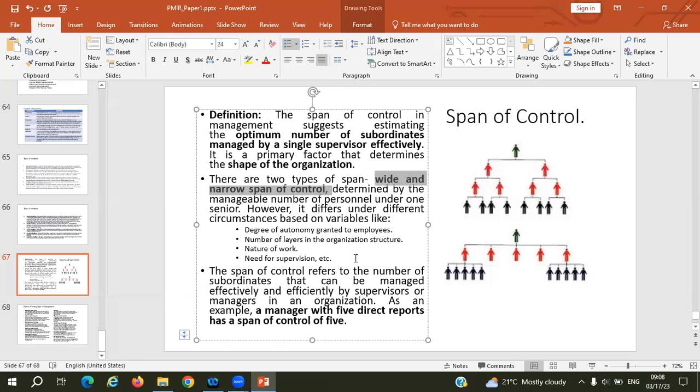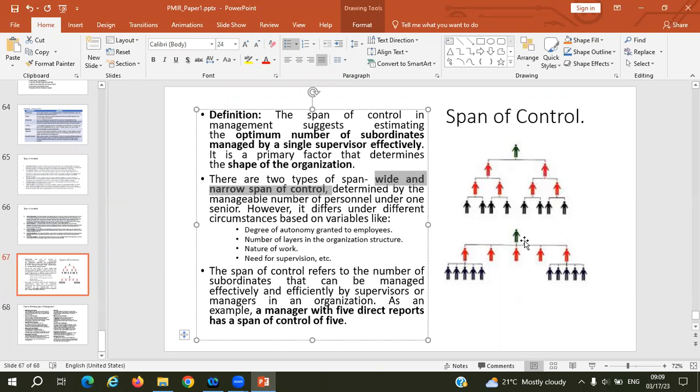If you observe this diagram given on the right side, there is one person with two under him, then each one having two persons. And the other diagram is having one person with five under him, and each one having five. So there are two figures given on the right side. One is narrow, one is wide. That is what exactly I told on the left side.